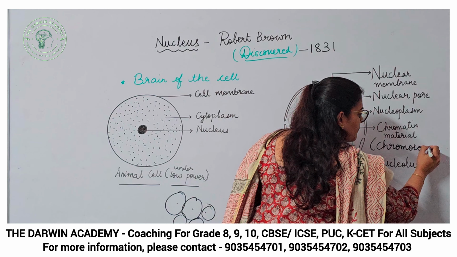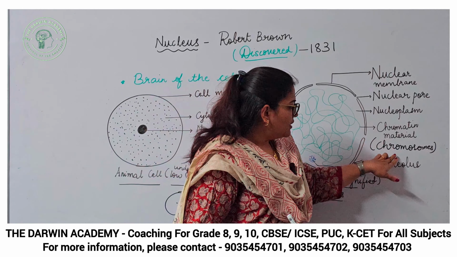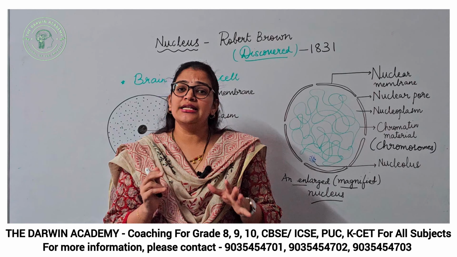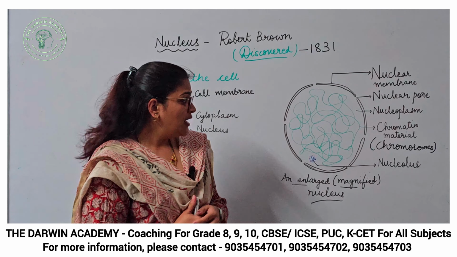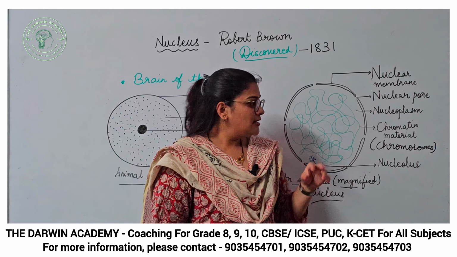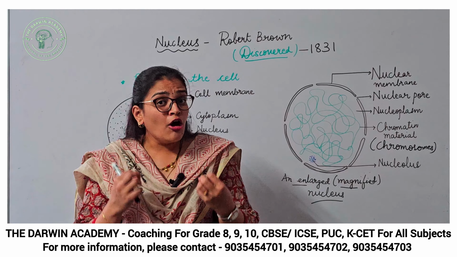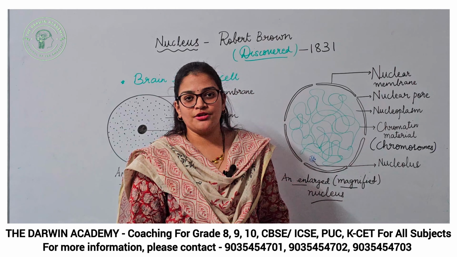Alright, did you understand? The chromosomes are only seen during the cell division. How did they appear all of a sudden during the cell division? It is from the chromatin material, or rather, the chromatin material has condensed a lot to form the chromosomes only during the cell division.